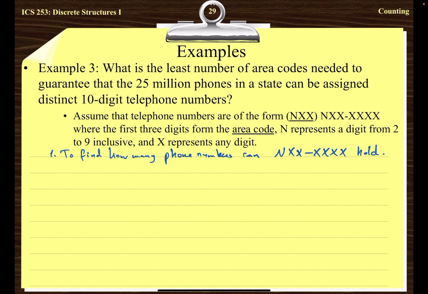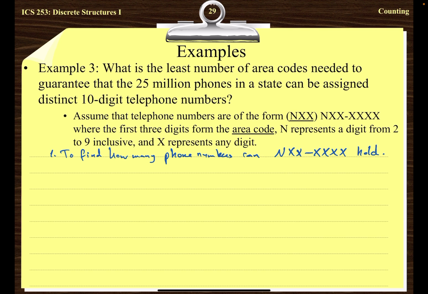We have here N, and it says that the telephone numbers are of this form, where the first 3 digits are the area code, as we said. N represents a digit from 2 to 9 inclusive, whereas X represents any digit. Why do they do that? In the States, all the international phone numbers start with 0, and if you want to call from one area code to another area code, you have to start with 1.